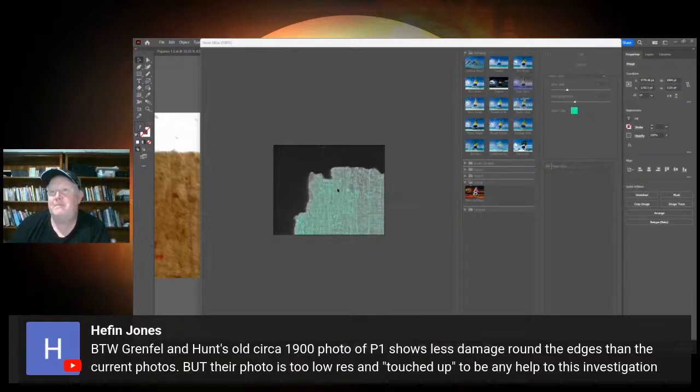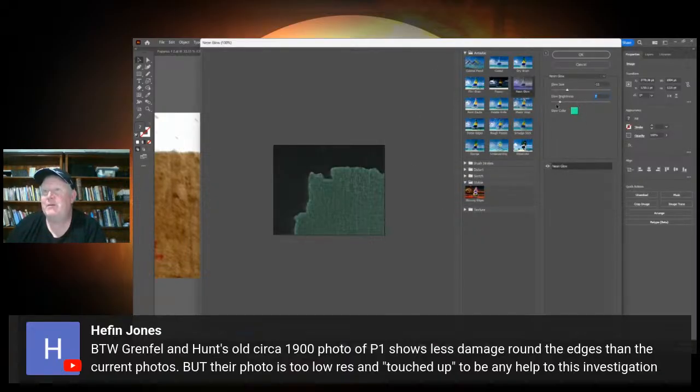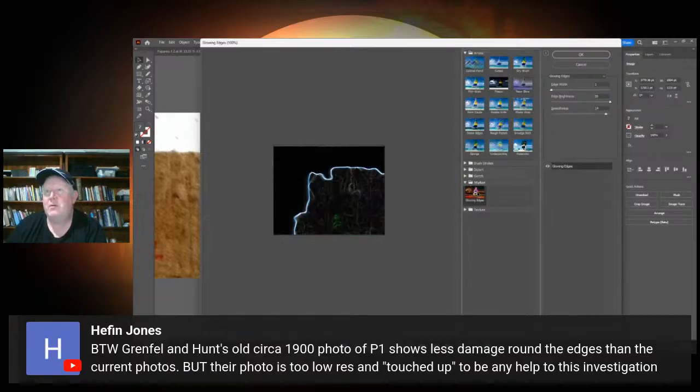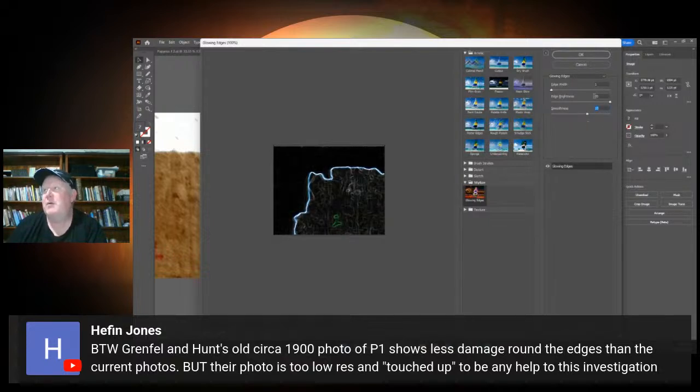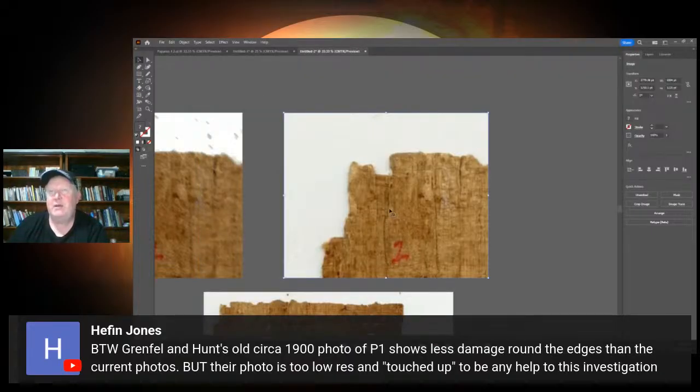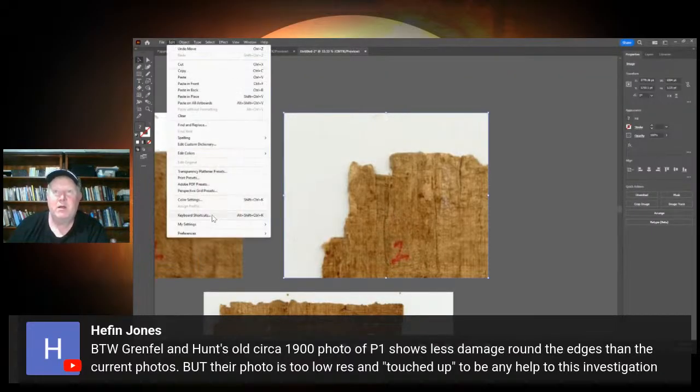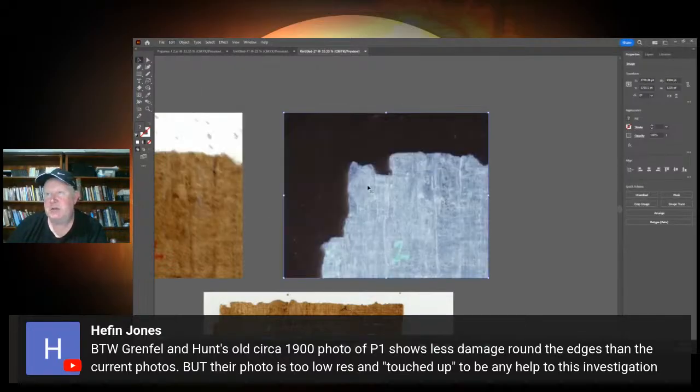So, okay, how can I make this better? Okay. All right, so what I'll do, we'll go here and we will invert the colors. Invert colors, okay.